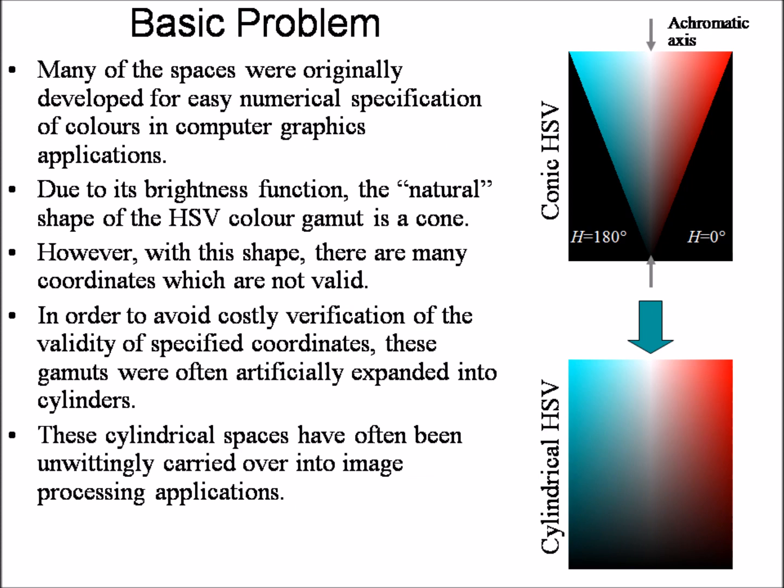But first, the actual problems when colors are represented in their original shapes will be discussed. So what was the problem? You can see on the slide, many of the spaces were originally developed for easy numerical specification of colors in computer graphics applications. Number two, due to its brightness function, the natural shape of the HSV color gamut is a cone.